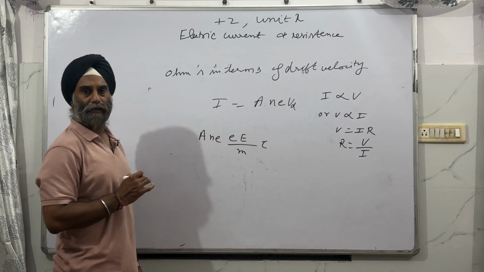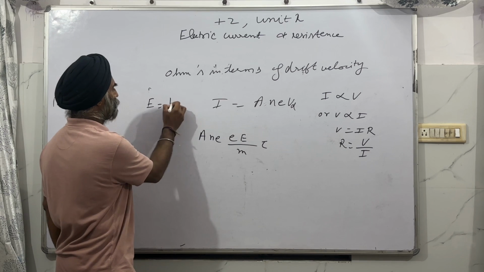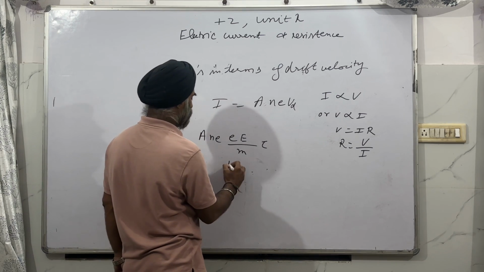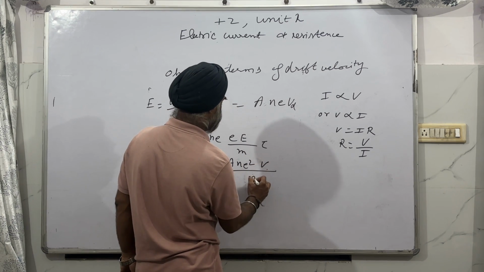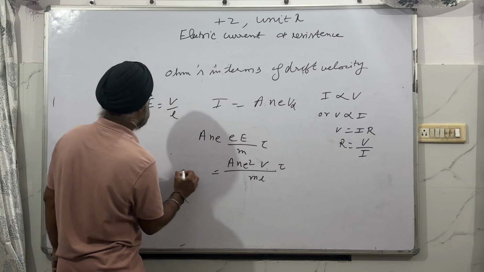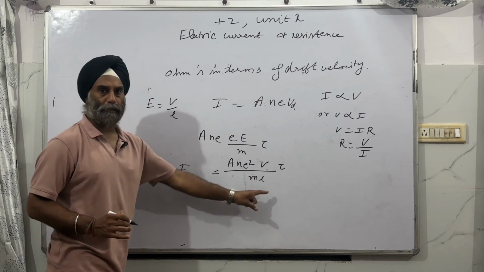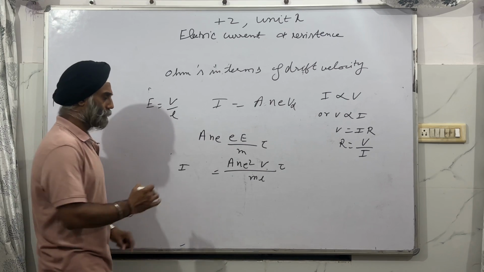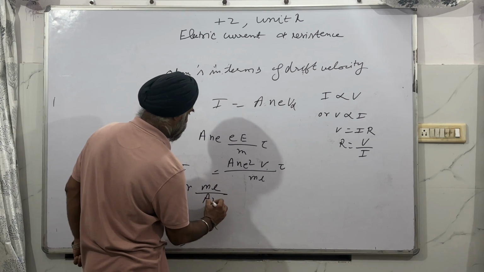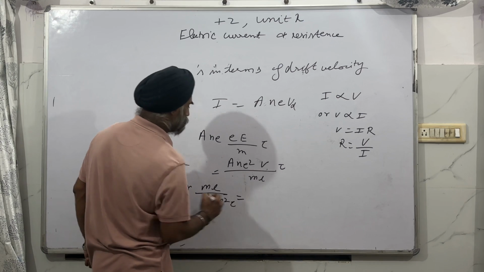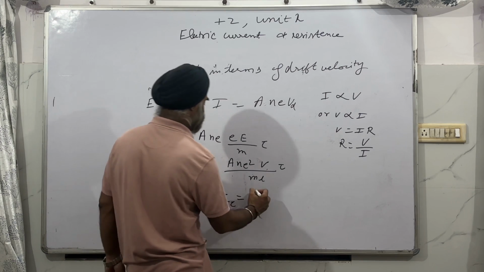As we know, electric field is equal to potential by length, so the formula for E is V by L. Put here nAe square V by mL into tau is equal to I. We need V by I, so we take the reciprocal: mL by nAe square into tau is equal to V by I.